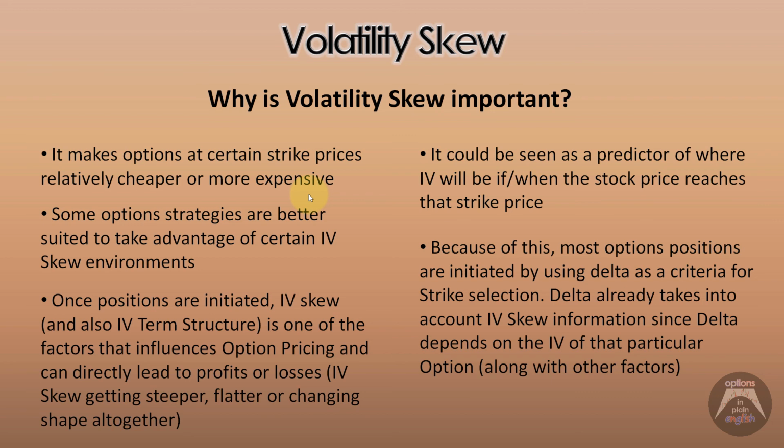They always use deltas, and we're going to start talking about neutral strategies. We're going to start talking about strangles, straddles, iron condors, and iron flies, and those require positions on both sides, and we're going to have to start talking about delta and not so much about price. That's the reason why we need to understand what IV skew is and why we focus so much on delta when we do our strike selection.